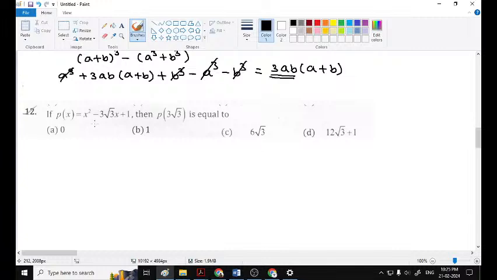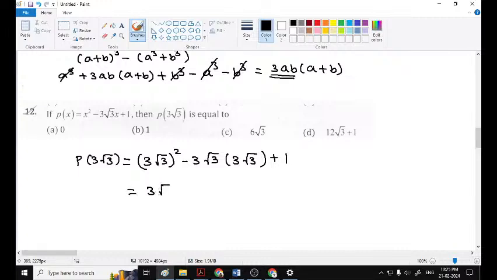P(x) is equal to x square minus 3 root 3 x plus 1. Then what is p of 3 root 3? Put 3 root 3 in place of x. x square means (3 root 3) square, minus 3 root 3 times the value of x, which is 3 root 3, plus 1.